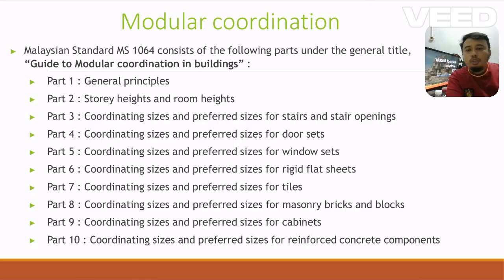Part 4 is door sets, part 5 window sets. So it covers everything from the story heights through the stair openings to the window sets, and then reinforced concrete components in part 10, which is very relatable to civil engineering. So this standard ensures that buildings across Malaysia follow consistent modular principles, making the construction environment more efficient and scalable.